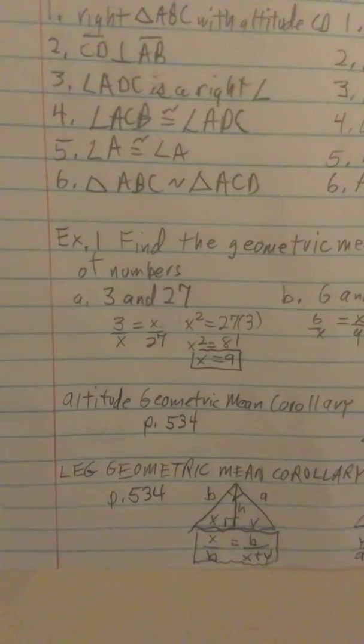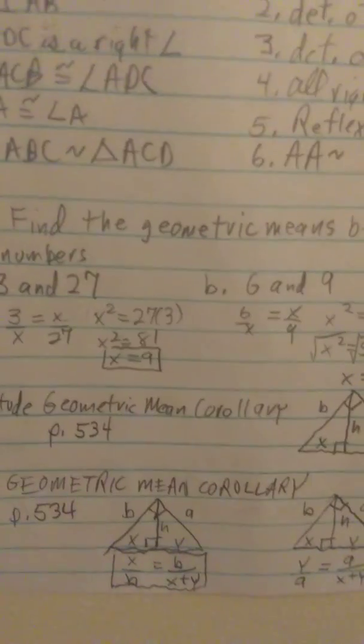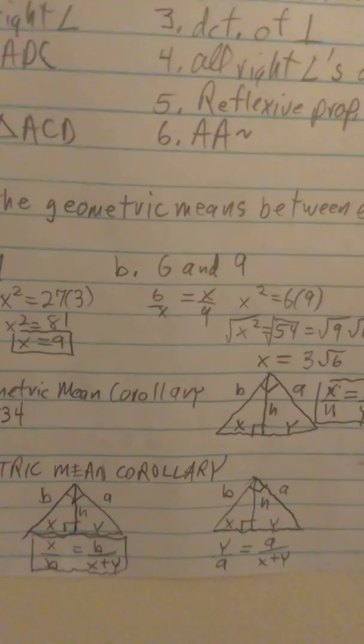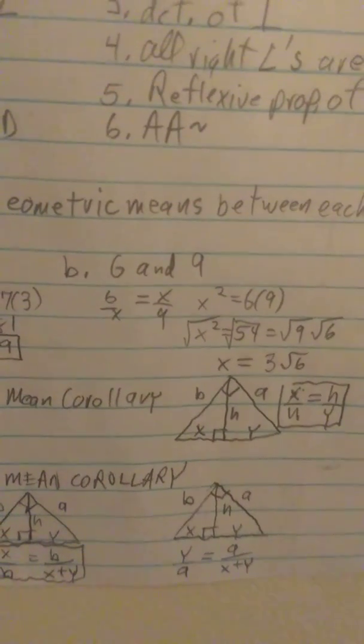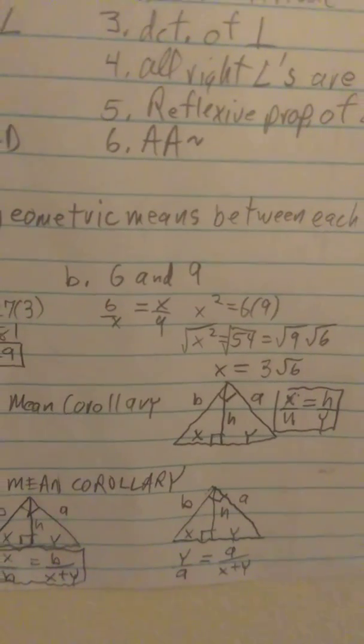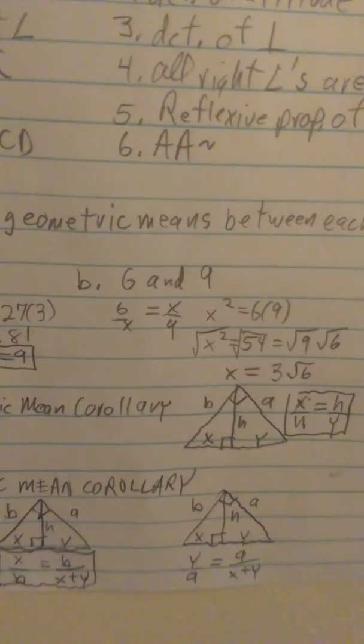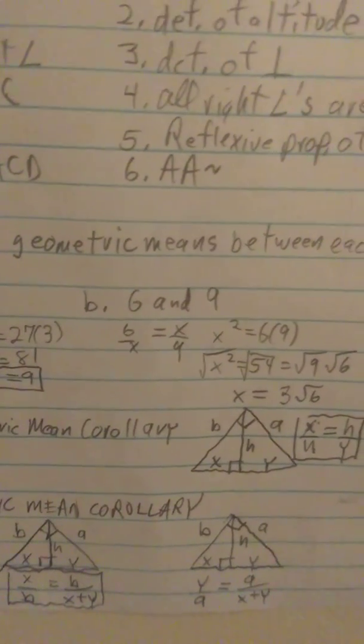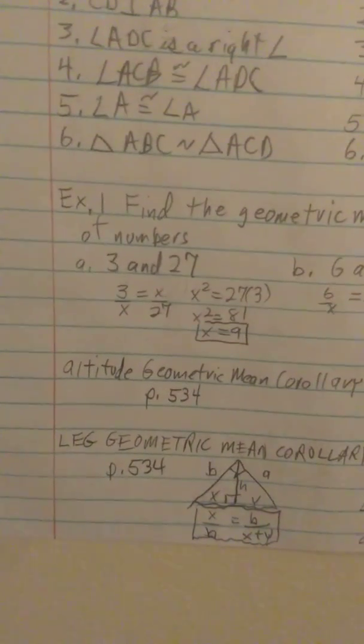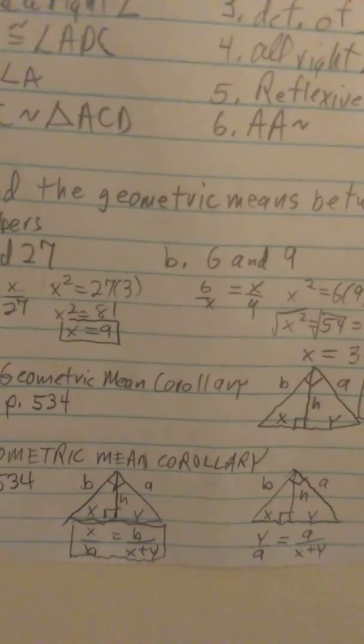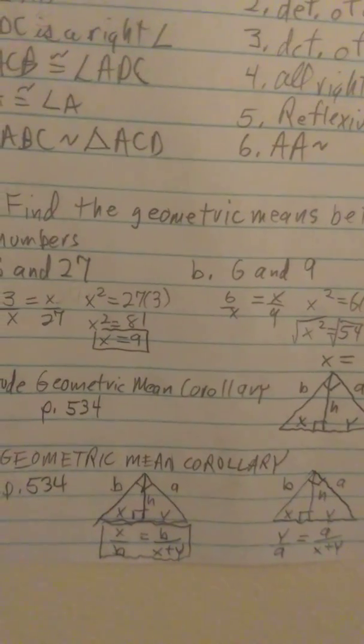Now our first altitude geometric mean corollary, which is really about the height, is set up as x, the left part of the base, over h equals h over y. Notice that geometric mean setup where h and h get multiplied together. Now for leg geometric mean corollaries, we're going to look first at b and then at a.